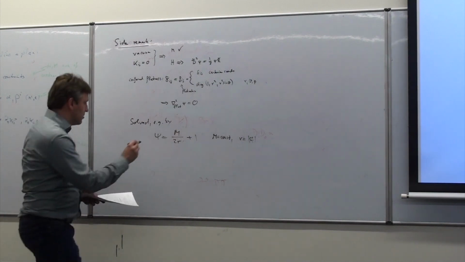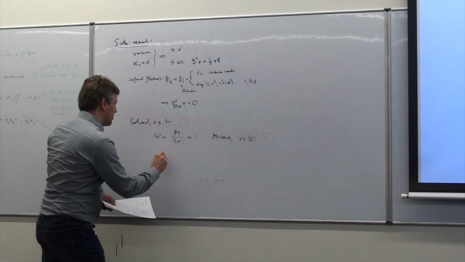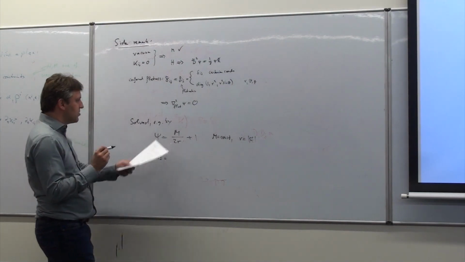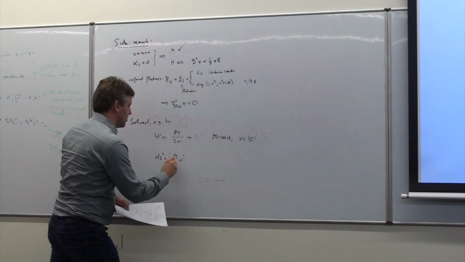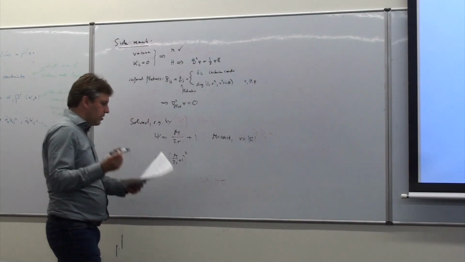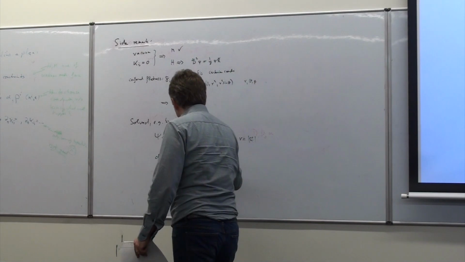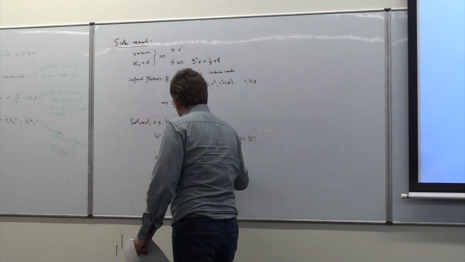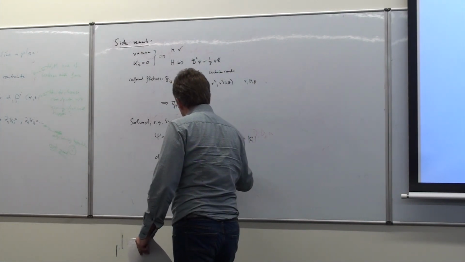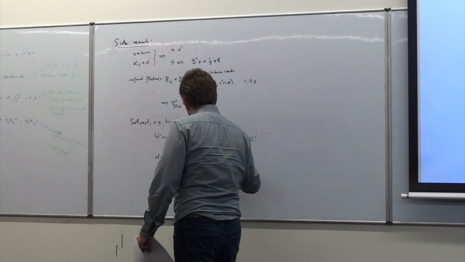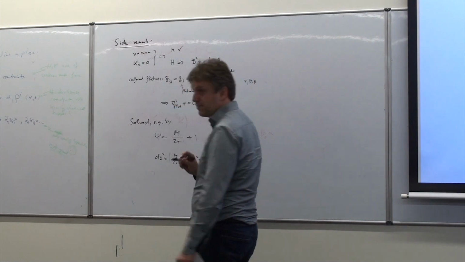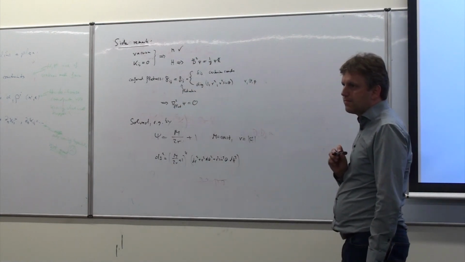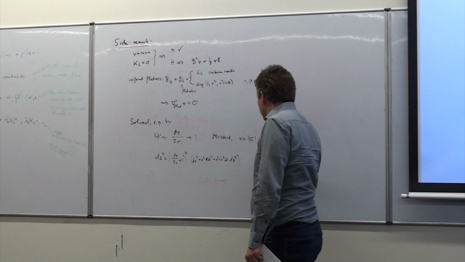If you now work this out, the metric I now have is psi to the 4, and then there is whatever there is, for instance, dr squared plus r squared d theta squared plus r squared sine squared theta d phi squared. This is the Schwarzschild black hole.